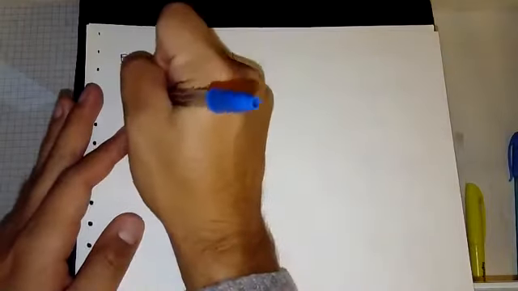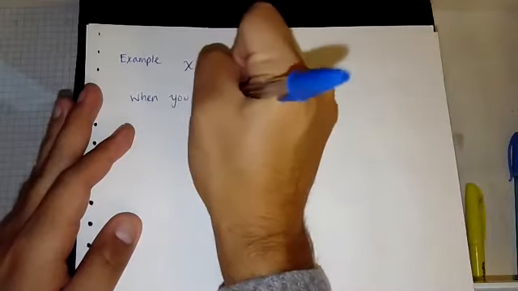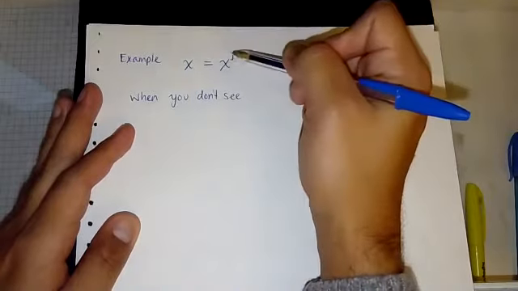So when you don't see an exponent here, it's understood that the exponent is 1.